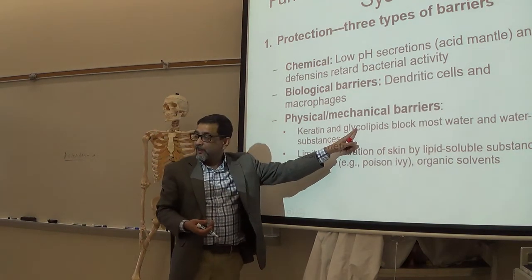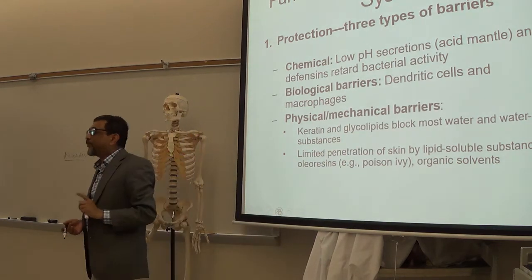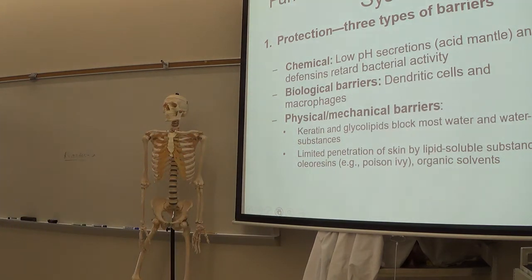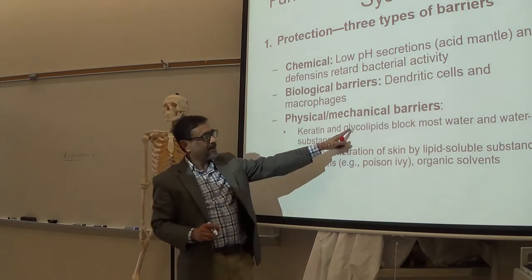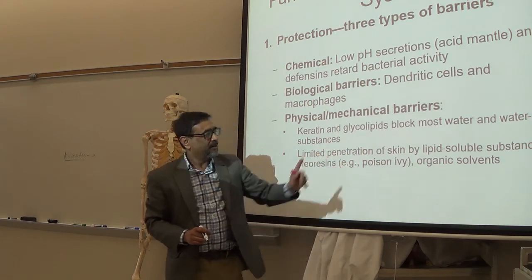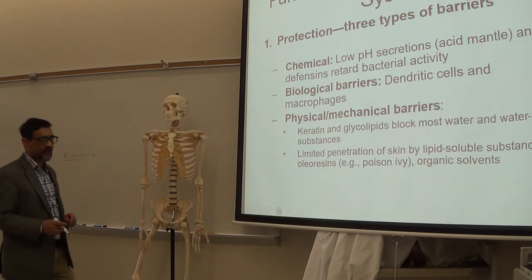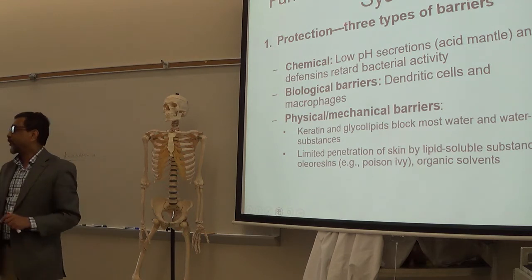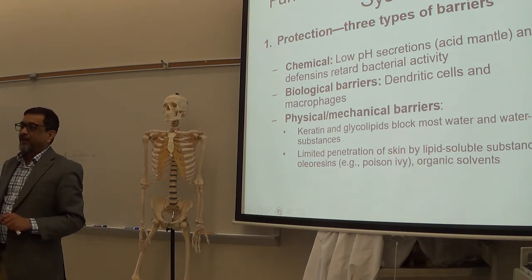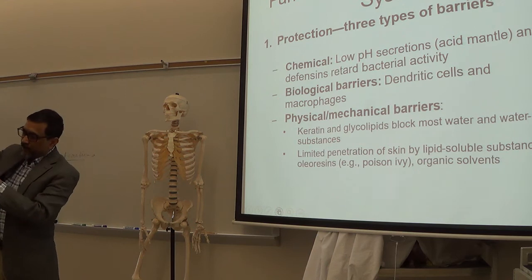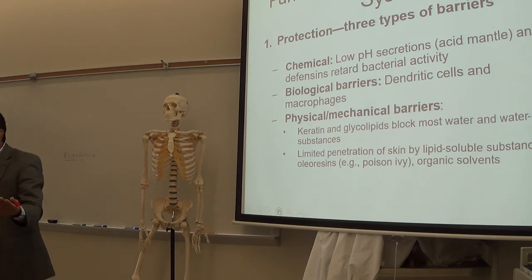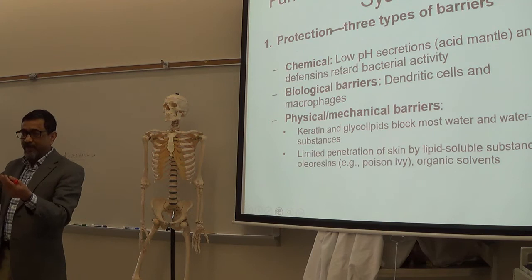And another chemical, that is glycolipid, glucose and lipid. That means carbohydrate and lipid together form the glycolipid. Okay? And these chemicals block water and water-soluble substances from entering into the body through the skin, which is very important protection, because you know that if you sit in a swimming pool, that water might have other chemicals, right?